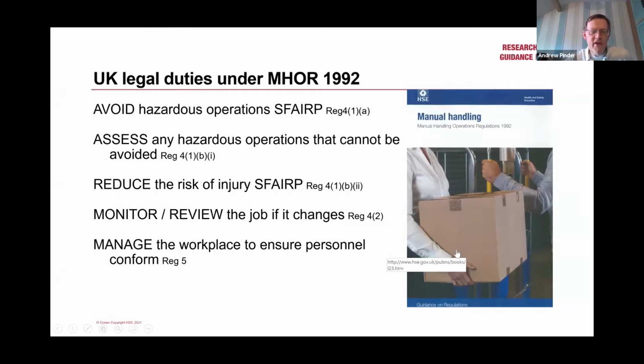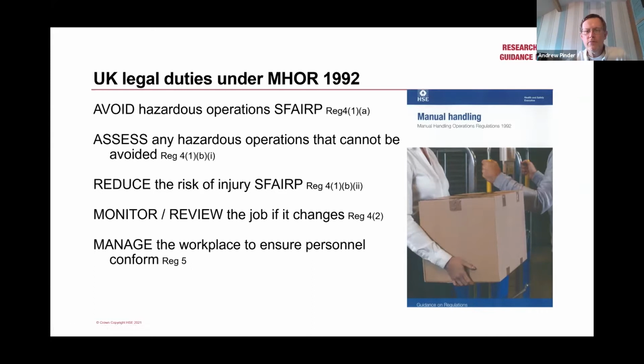Then there are the obvious longer term things of monitoring and reviewing what's happening in the workplace in case things change, and managing the workplace to ensure that the people you're employing there are actually following your safe procedures to work safely, and to ensure their own safety and that of their colleagues and anybody else they may come in contact with.